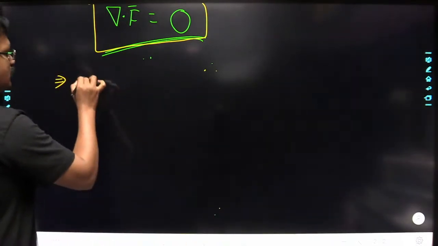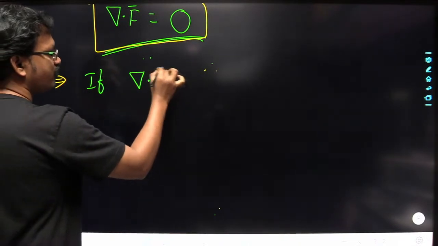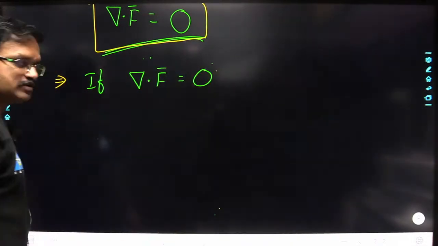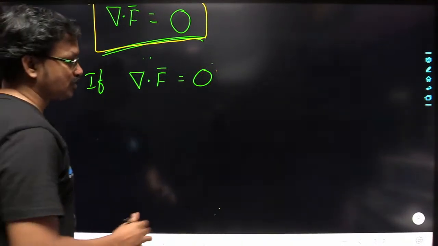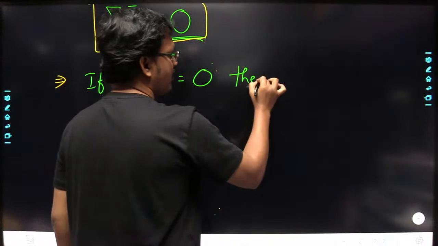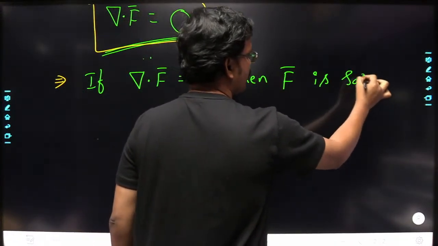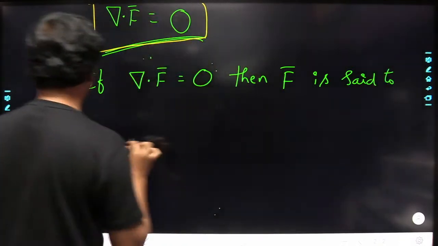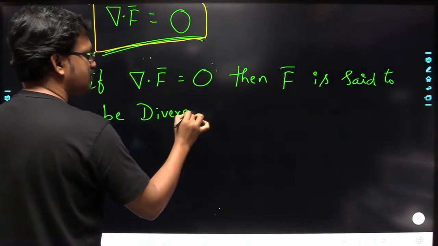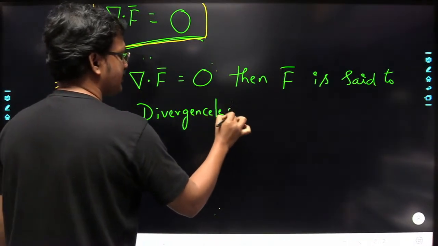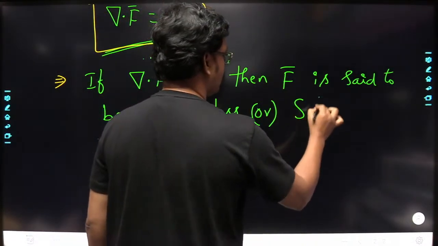If divergence of f bar is equal to 0, that means the divergence of the vector field is 0, then f bar is said to be divergence-less or solenoidal.